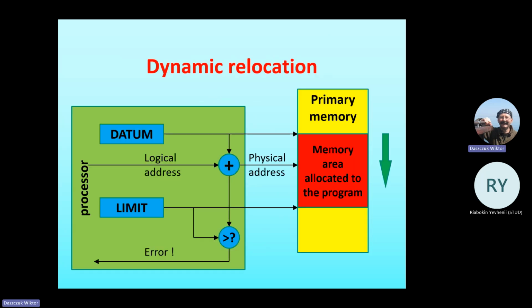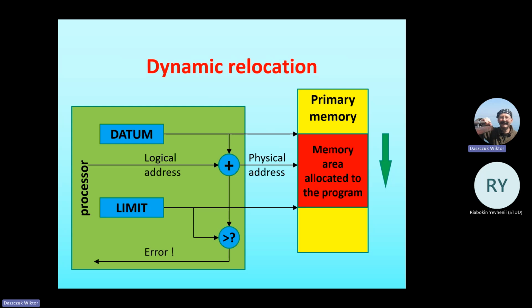This is just to recall the rule in which dynamic relocation is executed. Among the registers of the program, there are two special registers not accessible to the programmer. Only operating system can modify those registers. They are datum and limit.